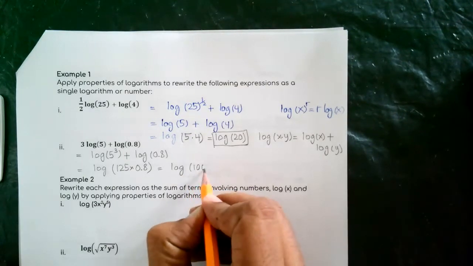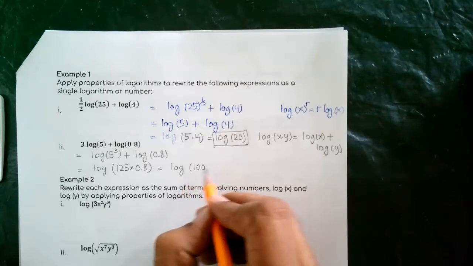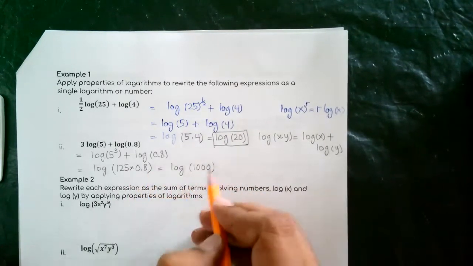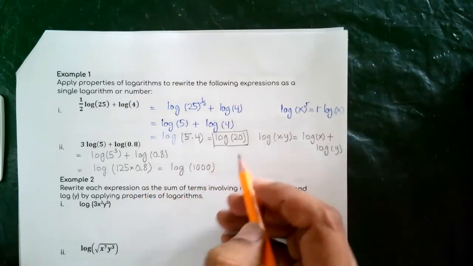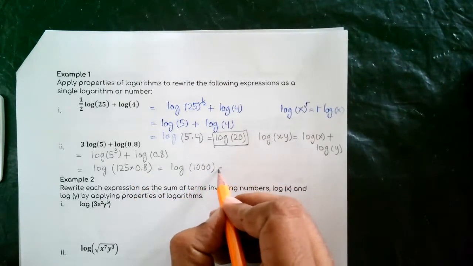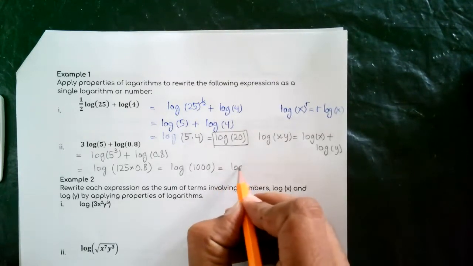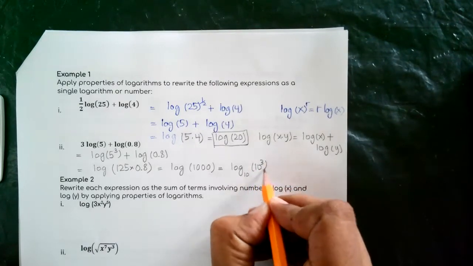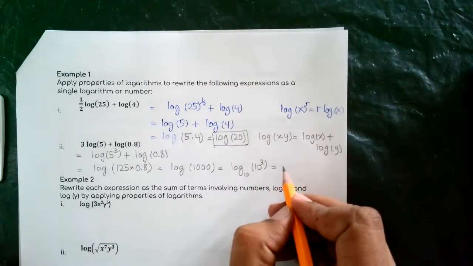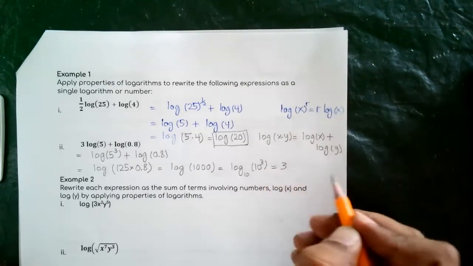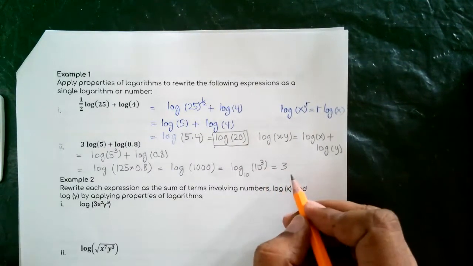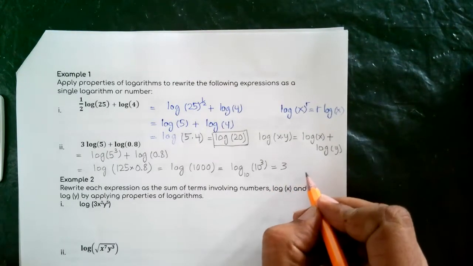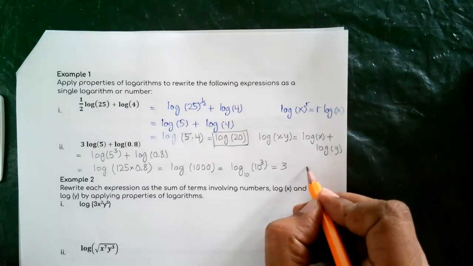So now log of 1000 is the same as log base 10 of 10 exponent 3. The log and the base of this exponential term cancel out, and you end up with your final answer, which is 3.